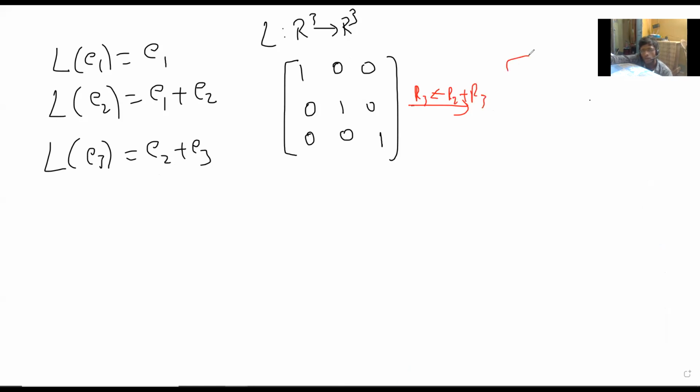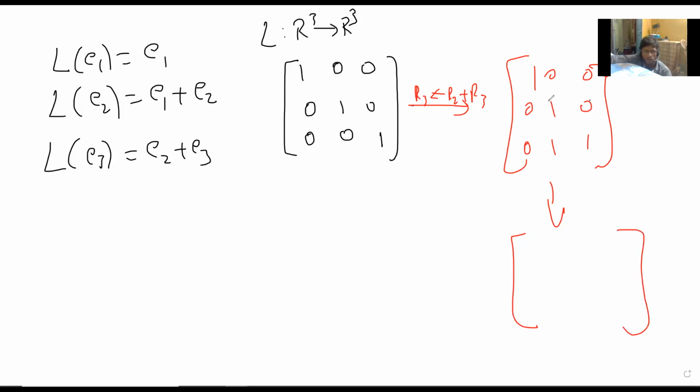Once I do that, I get this. Then I'll have to do another transformation, where R3 gets replaced by R2 and so on. Then R2 gets replaced by R1 plus R2, and then you will get the right matrix, 1, 1, 0, 0, 1, 1.